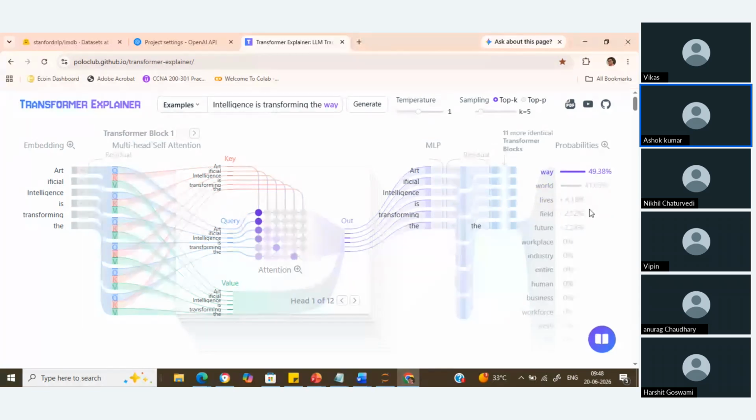Over here, say "way" has 49% probability, "world" has say 41%, and "live" has say 4% probability. If I increase it more, it will probably change the output as well. So the output changes to, say, "filled": now way is 26%, world is 25%, lives is 17%.